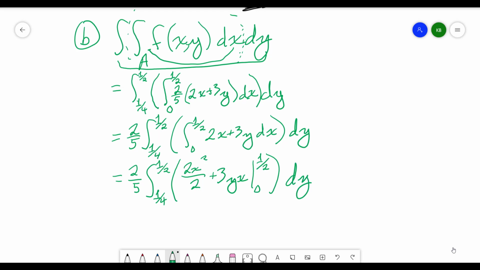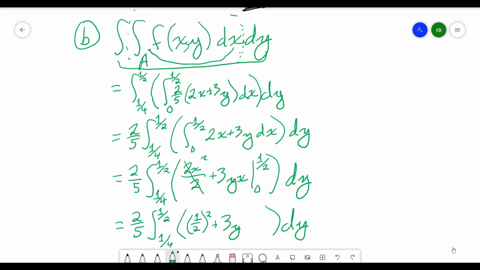And then I'm going to do that evaluation inside of my parentheses. So I have 2/5, the integral from 1/4 to 1/2, and my dy hanging out outside of my parentheses, and plugging in 1/2. My 2's cancel each other out, so I really have 1/2 squared plus 3y times 1/2. And plugging 0 in for x zeros both of those out, so I won't be subtracting anything.